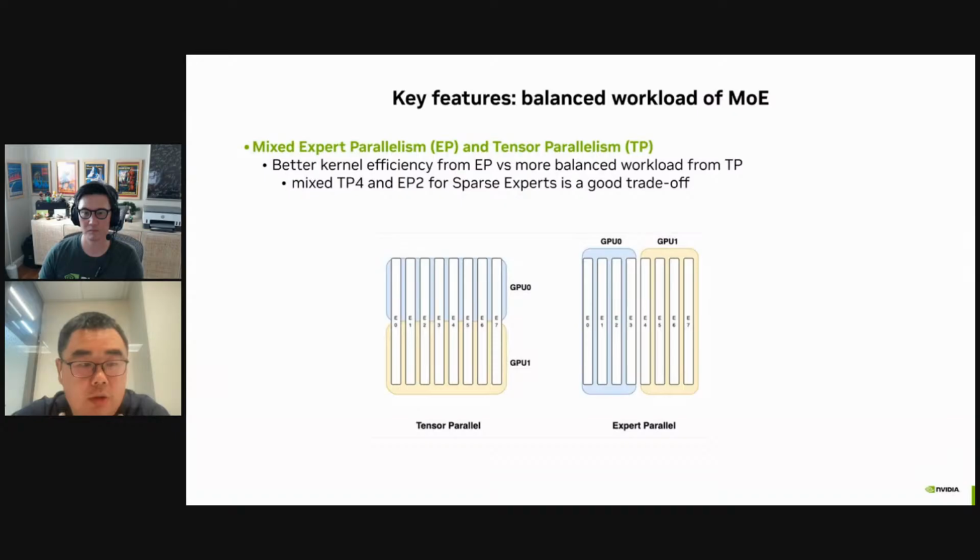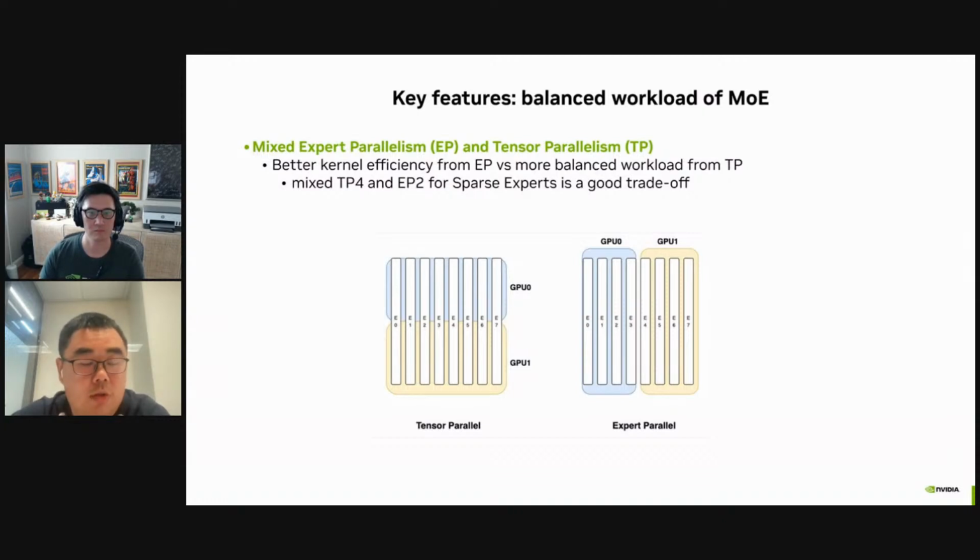But here, the issue is that we need to split among the small intermediate size of the DeepSeek R1 model, such as 2K. And the group GEMM's kernel efficiency will be worse if we split them among a large number of GPUs.